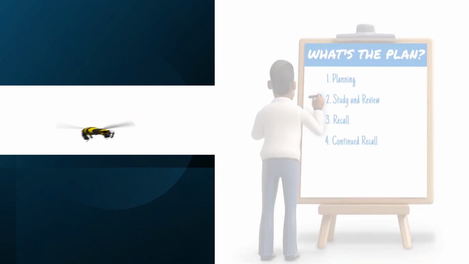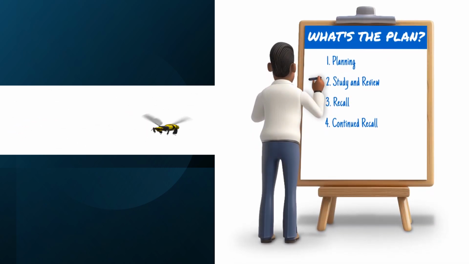Creating a spaced practice plan. So there's a few steps. Step 1, planning. Begin by mapping out regular intervals for study sessions. Determine when and how often the material will be visited.